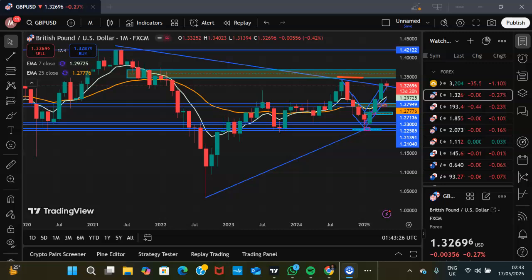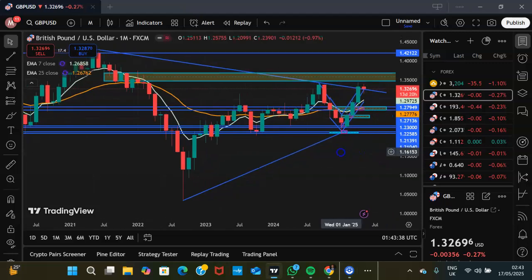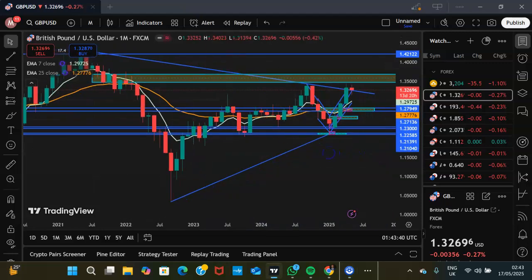For my bearish engulfing, this is what my bearish engulfing candle looks like. And for my bullish engulfing, this is what it would literally look like, where I have one candle and then another swallows it completely. This is a bullish engulfing candle.